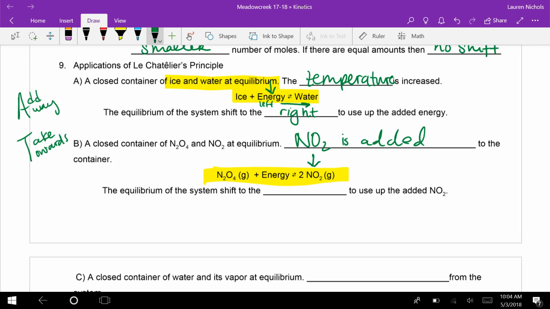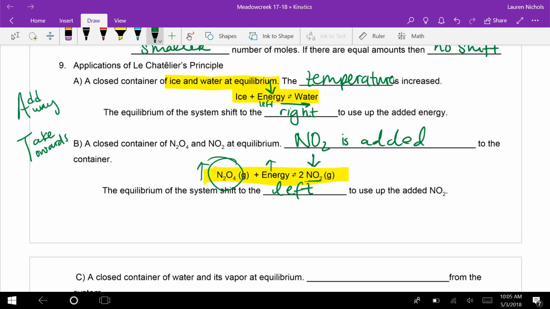So away from the right side would be to the left. And so the amount of dinitrogen tetroxide will go up, and we'll be using up some of this extra NO2. We could also see that shifting to the left will increase the heat that this reaction is putting out.